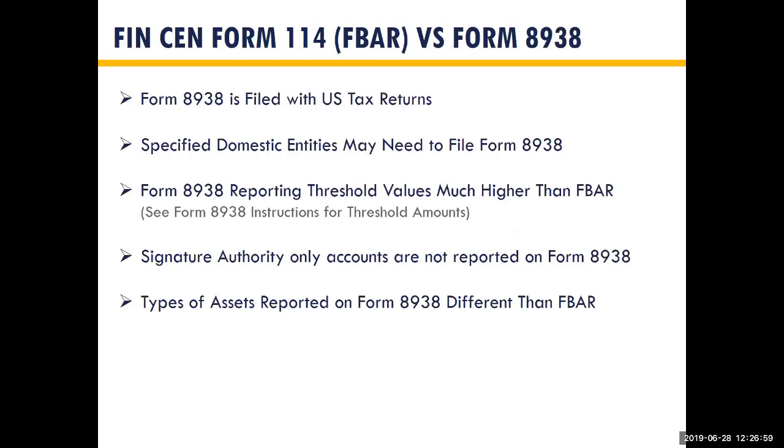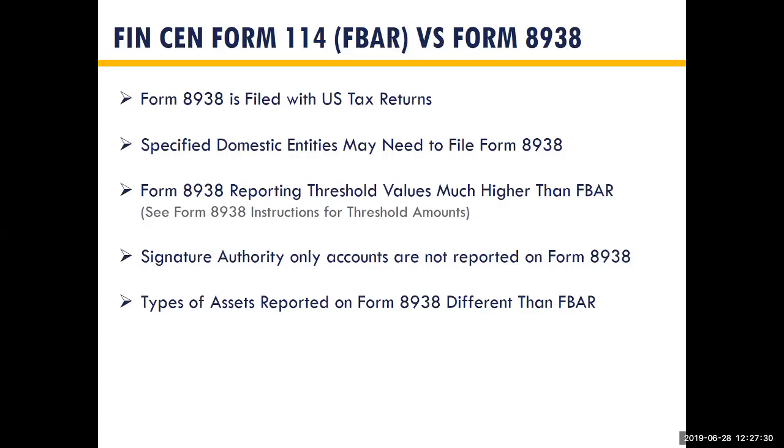So I'm not going to talk a lot about 8938s, but I will tell you the difference between the two forms since they're sister forms. The 8938s are filed with the return. The FBARs are filed to the Department of Treasury, separate from the actual tax return.